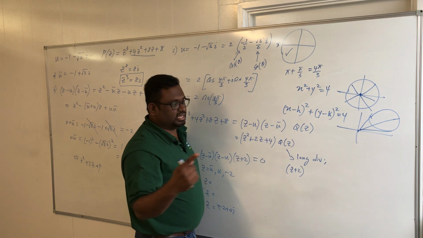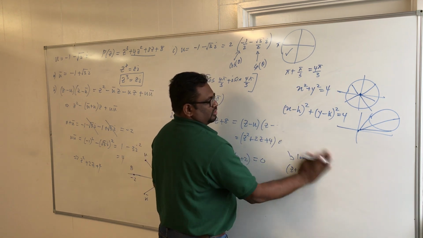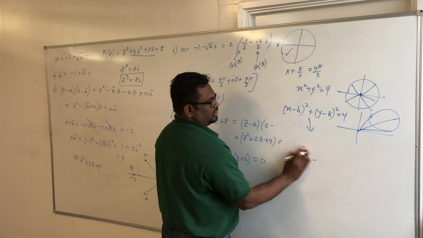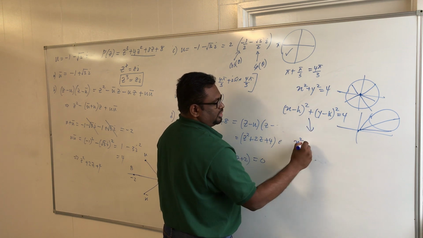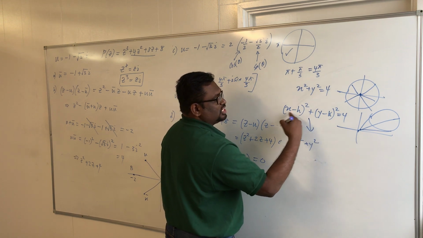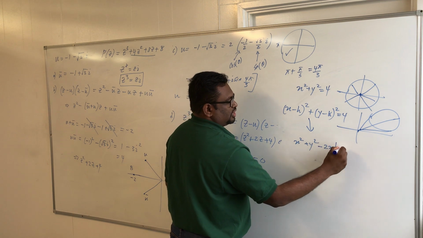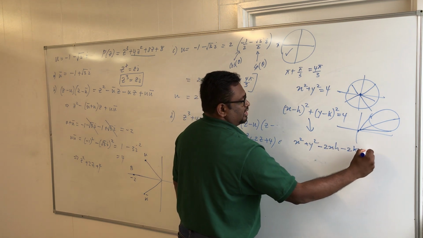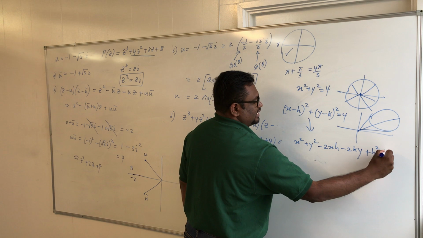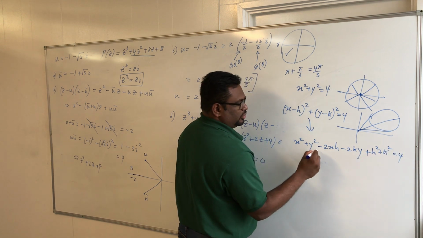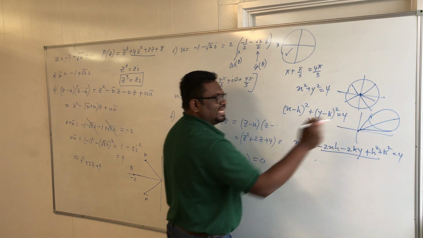Now how do you understand this point of view? When you simplify this, you get x squared, from here you get y squared, and you get additional terms: minus 2xh, minus 2ky, plus h squared plus k squared is equal to 4. See, due to these additional terms, you are breaking the symmetry.